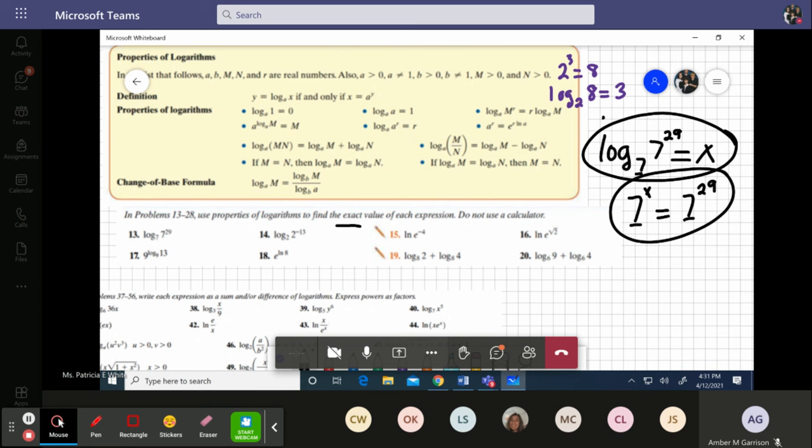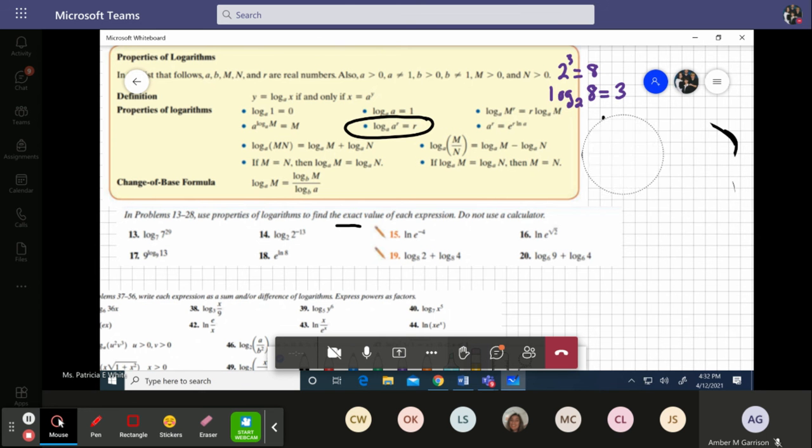So if my bases are the same, then x has to equal 29. And that's just a shorter proof of that one out of your textbook. Your textbook goes through a few more steps to prove if these are the same, this is all equal to 29, no matter what.